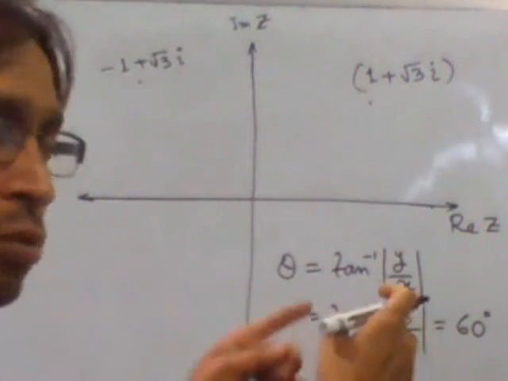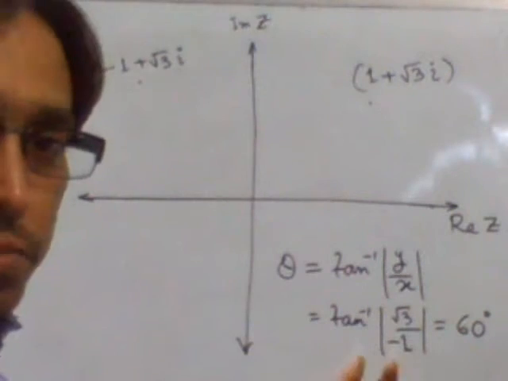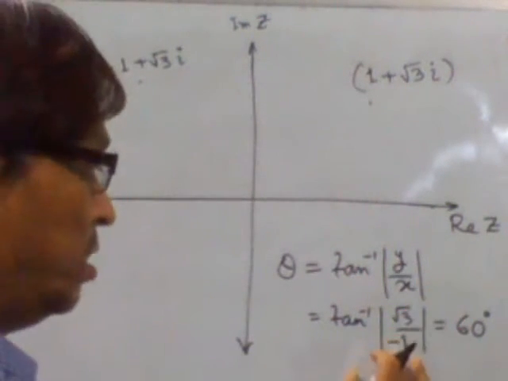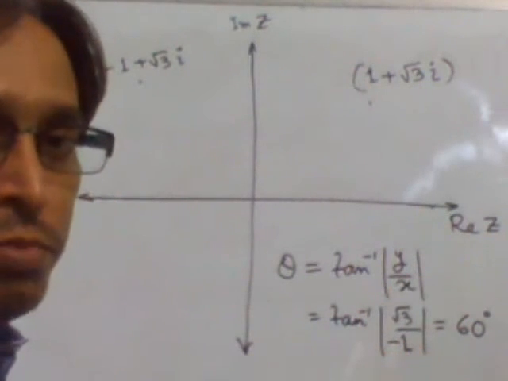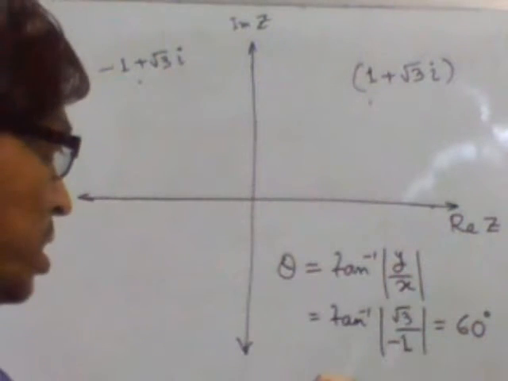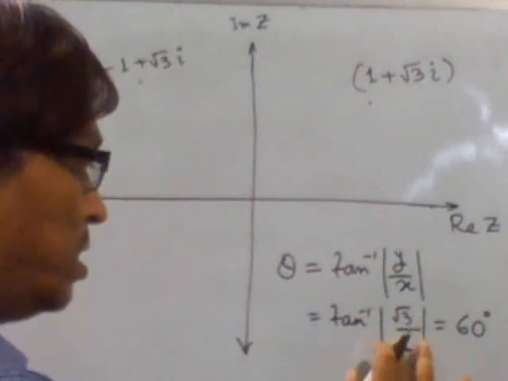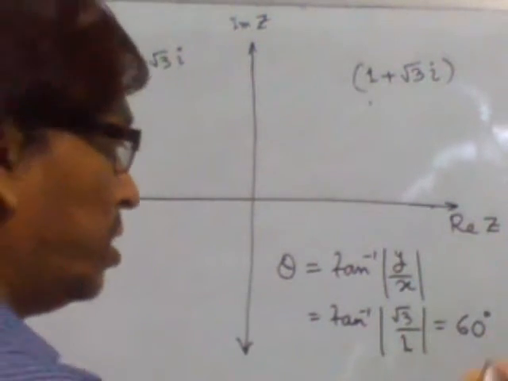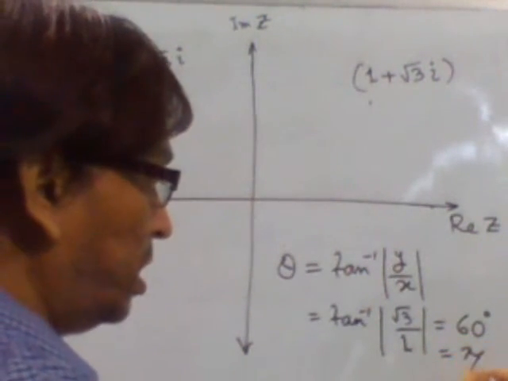But as there is a modulus, you have to take just the magnitude inside the modulus. So it will be again tan inverse root 3. Inside the modulus, if it is minus, you consider it positive. So this will be the same as tan inverse root 3. So the value is 60 degrees, or pi by 3.